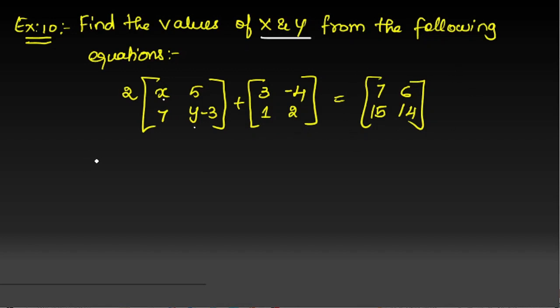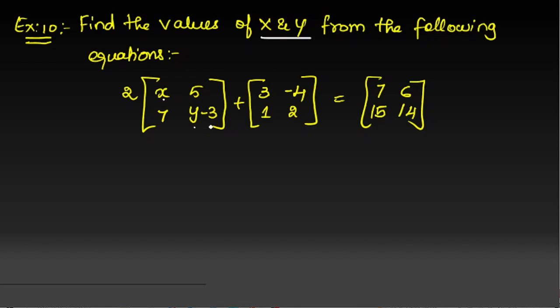So first step you have to find, do this scalar. Here you have to involve three concepts. First concept is scalar multiplication of matrix. That is 2 into this matrix. Next concept is addition of two matrices. After finding the scalar multiplication, you have to add two matrices.